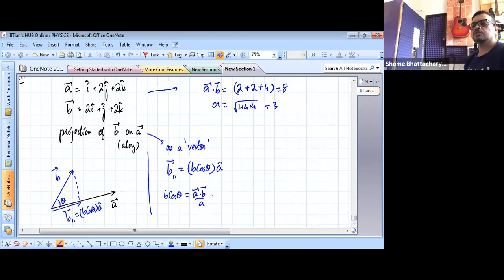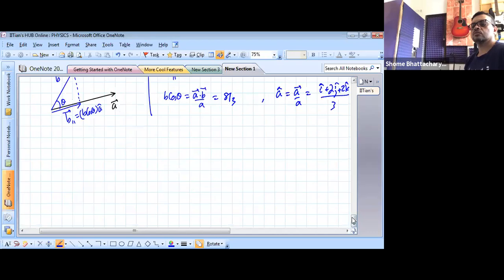So this becomes how much? It becomes 8 by 3. And A cap is vector A divided by mod A. So it is I cap plus 2j cap plus 2k cap divided by its own magnitude, which is 3.